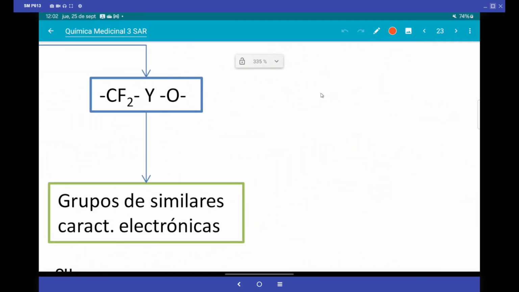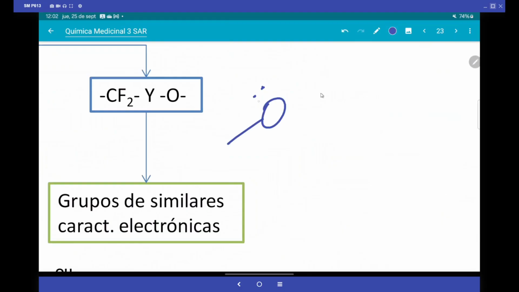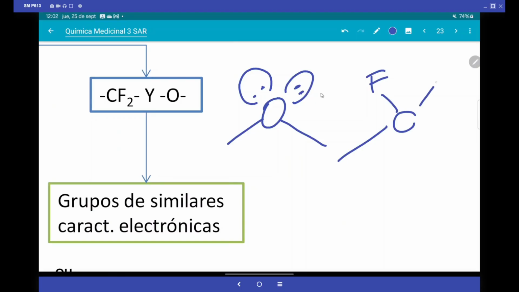Remember what we had mentioned: oxygen has two electron pairs that can accept hydrogen bonds, and carbon has two fluorines that can also accept hydrogen bonds. The fluorines substitute very well. That is why they are isosteric, both in size and in hydrogen bond acceptor capacity.